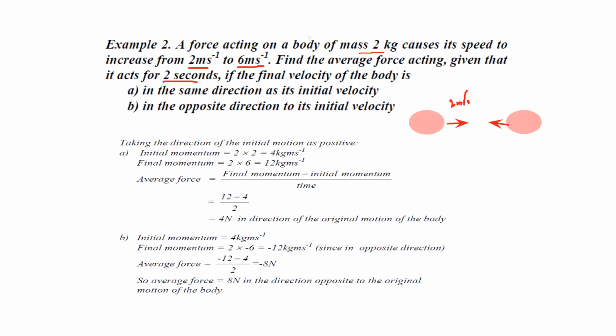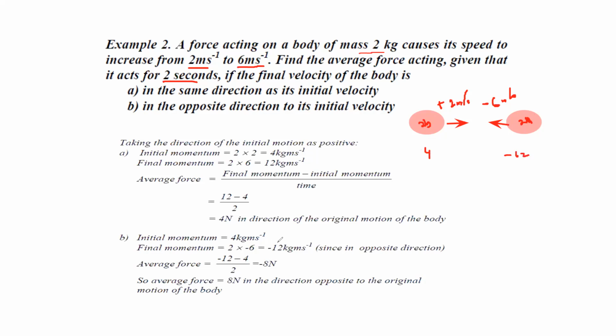Because velocity is a vector quantity, if one of the velocities we consider positive, the other direction will be considered negative. So what is the momentum here? 2 multiplied by 2, that's equal to 4. Final momentum: 6 multiplied by minus 2, so it is minus 12.